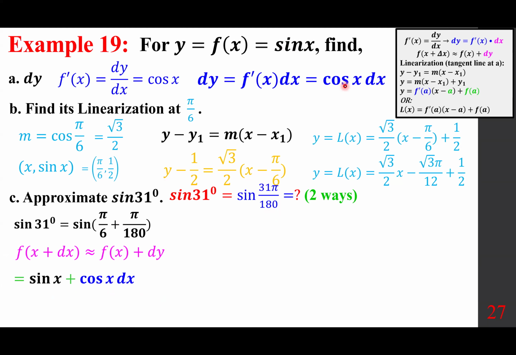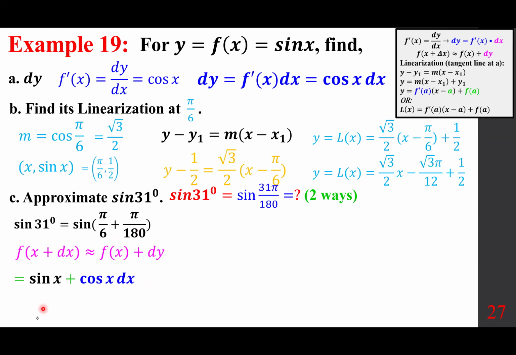So pretty straightforward, everybody. All right, so let's plug in. Sine x, cosine x dx: sine of pi over 6, cosine of pi over 6, dx is pi over 180.